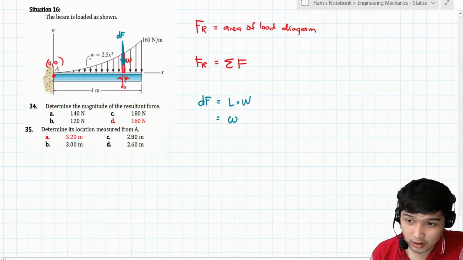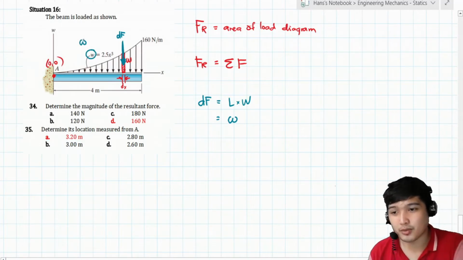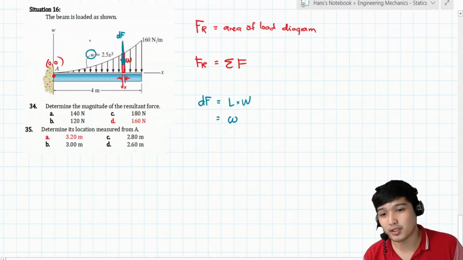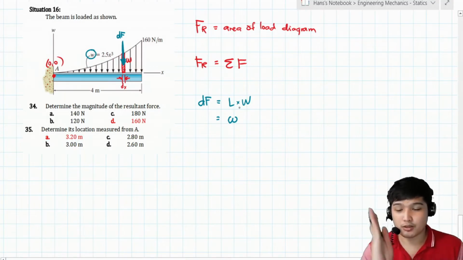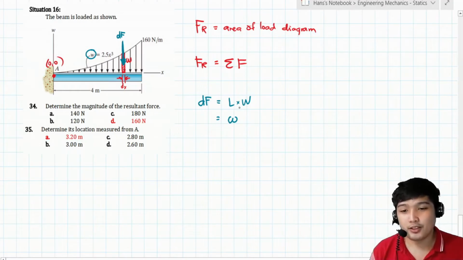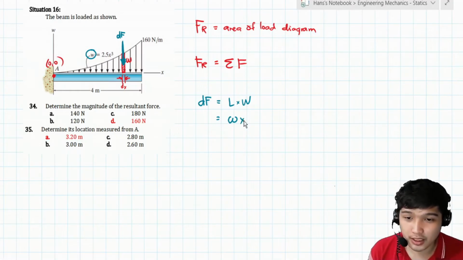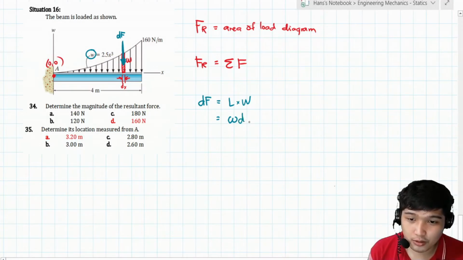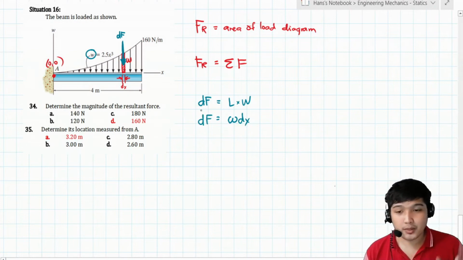Take note, class, yung intensity, omega yung symbol, so nagmukha lang siyang W. Pero yung length natin, yung vertical side, yun yung intensity, and then yung width natin, yung horizontal, is yung dx. So para siyang W dx. Ibig sabihin, yung amount niyan represents yung differential force.